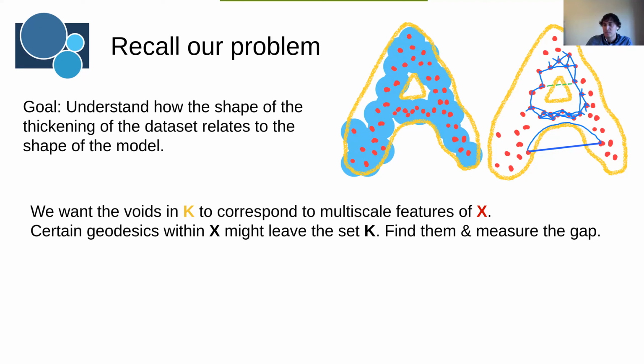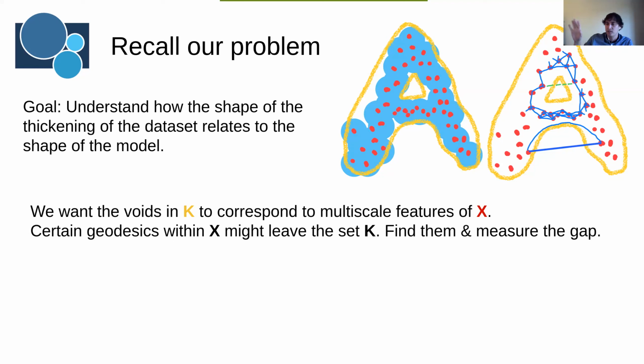For the time being, let's say you believe me that we want to do this. The way we're going to do this is by using geodesics. We're going to see how geodesics in the ambient vector space compare to geodesics that are required to stay within the model. If we can see the deviation between the lengths of those two geodesics, then maybe we can say something about how the shape of one aligns to the other.